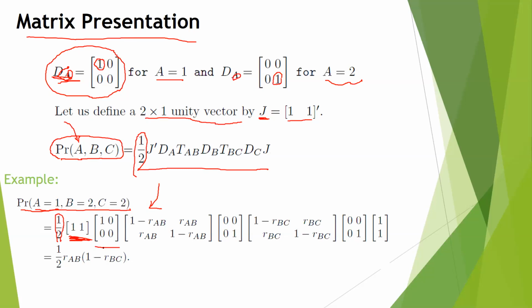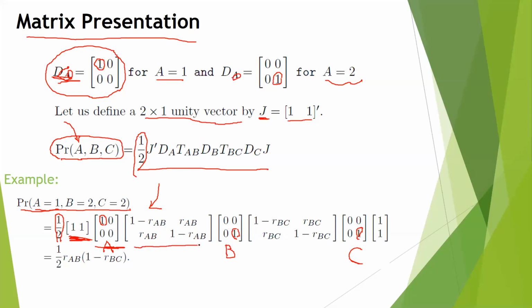And this is the genotype of locus A, this is the genotype for locus B, and this is the genotype for locus C. Because here A equals 1, we put 1 in the first diagonal element, and the genotype B is 2, so we put a 1 here, and C 1 here.